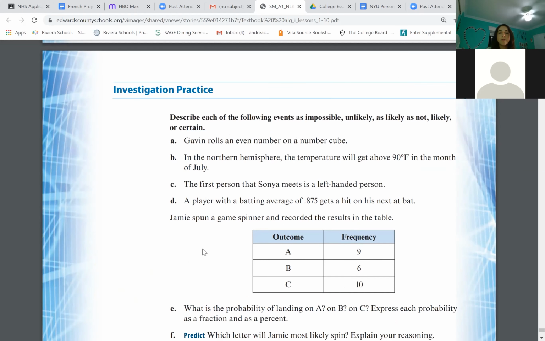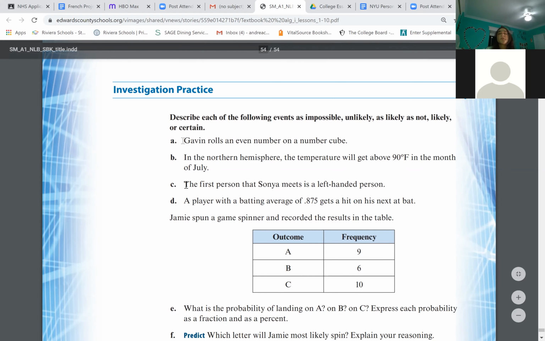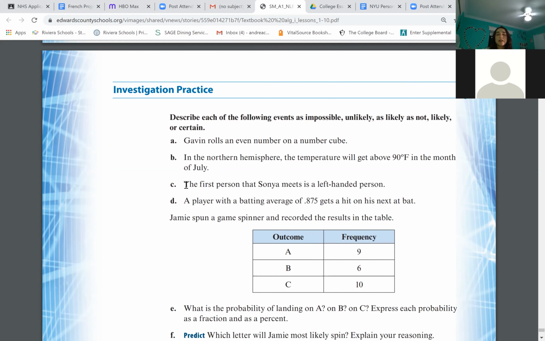Describe the following events as impossible, unlikely, as likely as not, likely, or certain. Gavin rolls an even number on a number cube. What would you classify that as? As likely as not. Good. The first person that Sonia meets is a left-handed person.